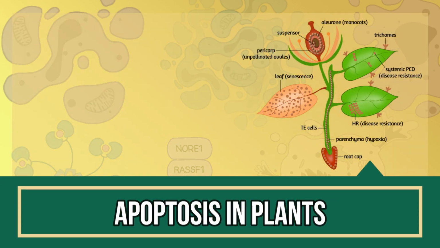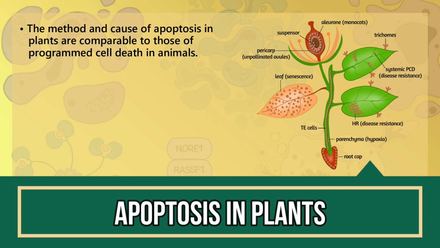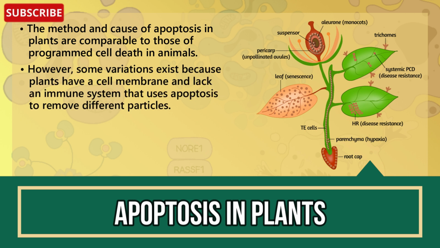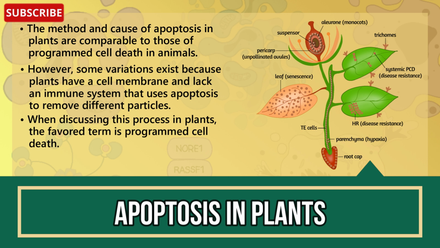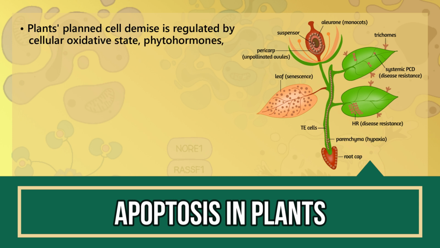Apoptosis in plants. The method and causes of apoptosis in plants are comparable to those of programmed cell death in animals. However, some variations exist because plants have a cell wall and lack an immune system that uses apoptosis to remove different particles. When discussing this process in plants, the favored term is programmed cell death.